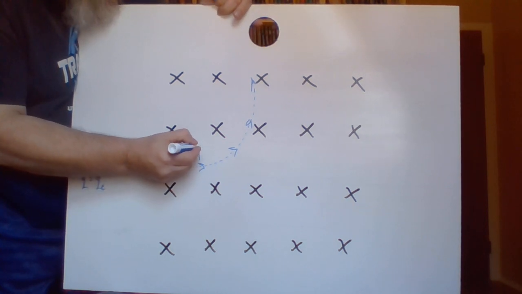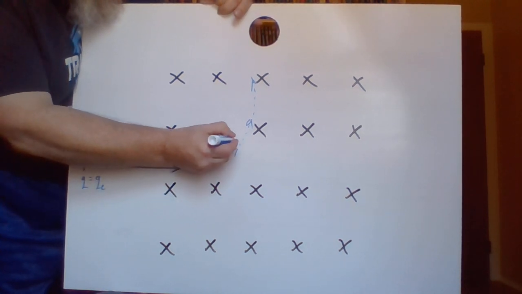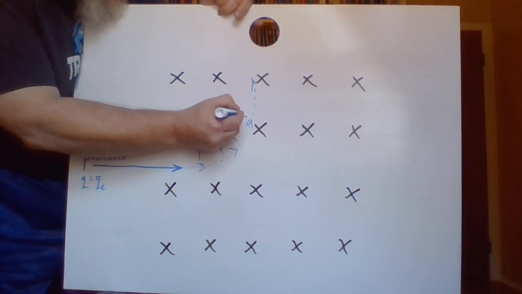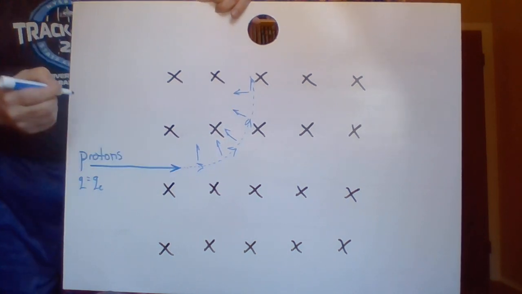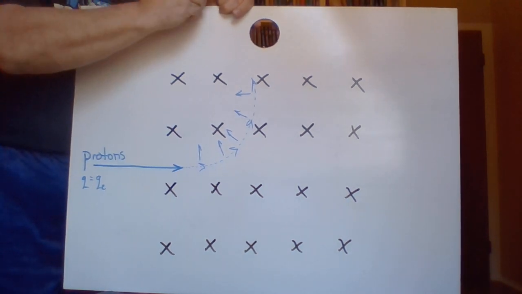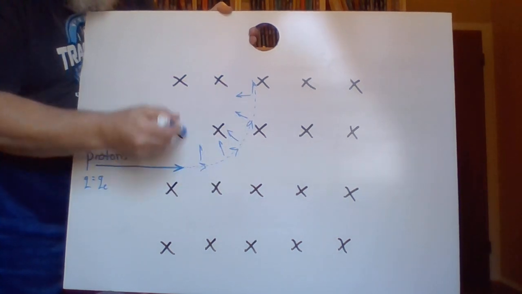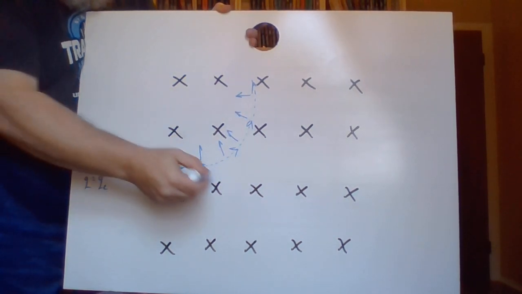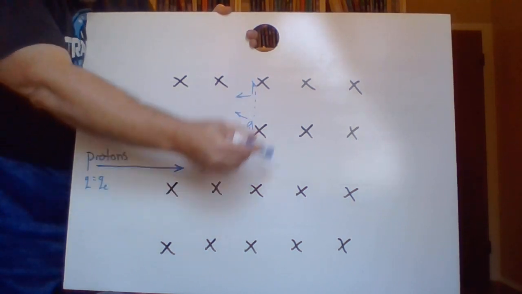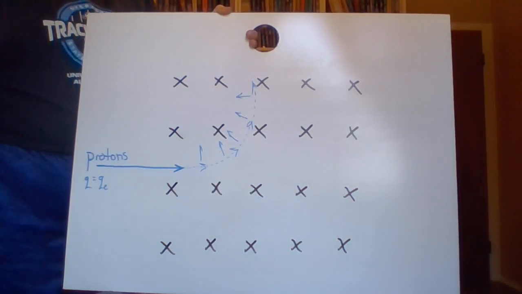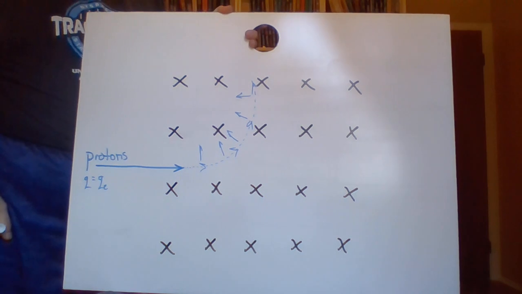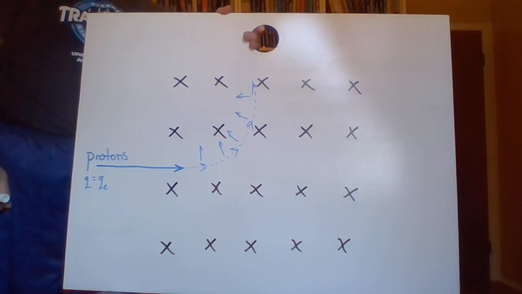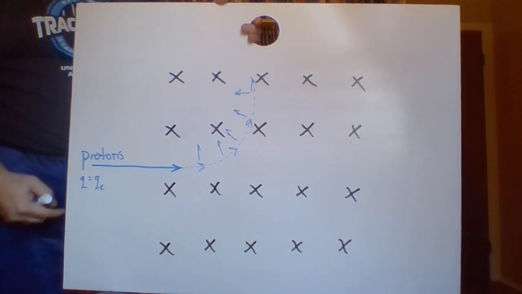All right, notice that no matter where you are, the force is acting perpendicular. If you have a strong enough field, you can actually cause these to spin around. Okay, you could create a circle and it would perpetually go around in a circle once they entered the field. That's the reason that the Large Hadron Collider is shaped the way it is.